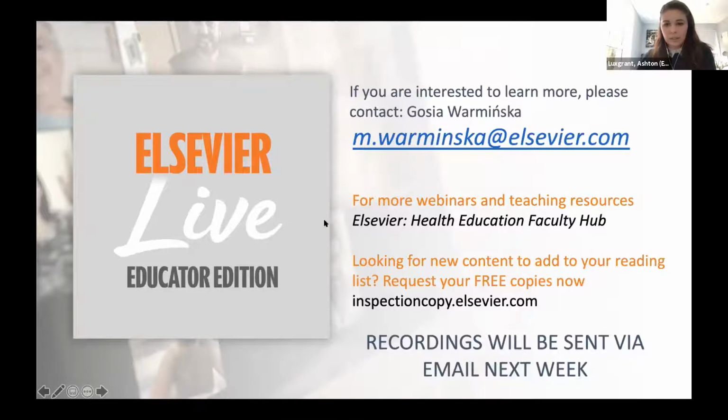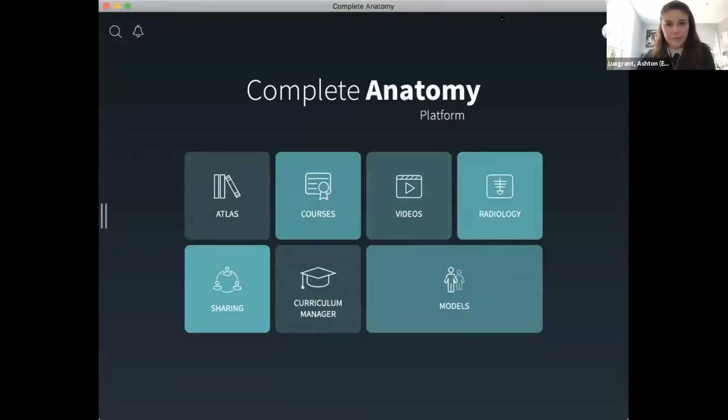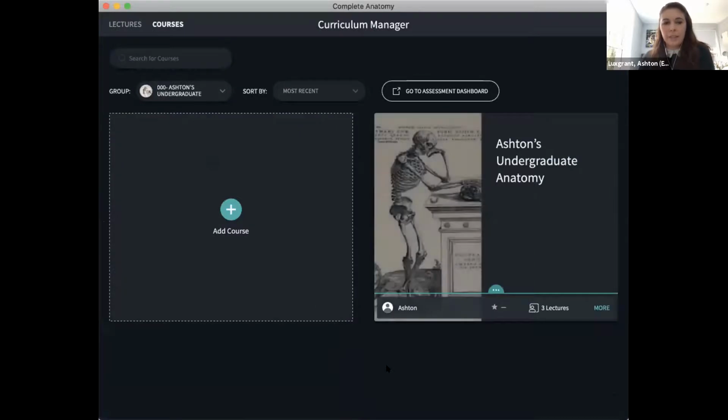Okay, so going back to the app now, and just close that. And just trying to get rid of a window here. Okay, so you'll see, for instance, curriculum manager right here. And this is the area that will allow you to create your own lectures and courses if you want.